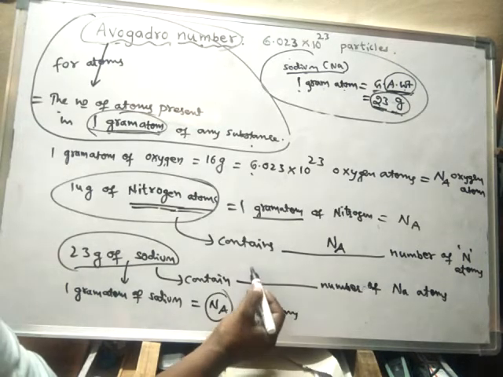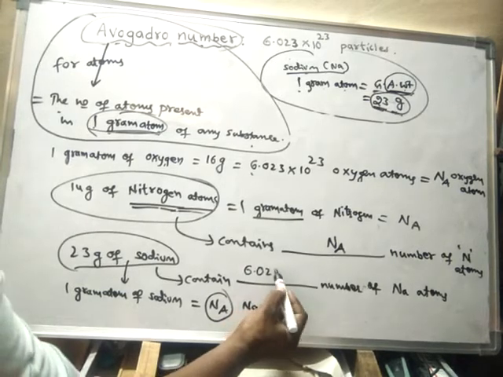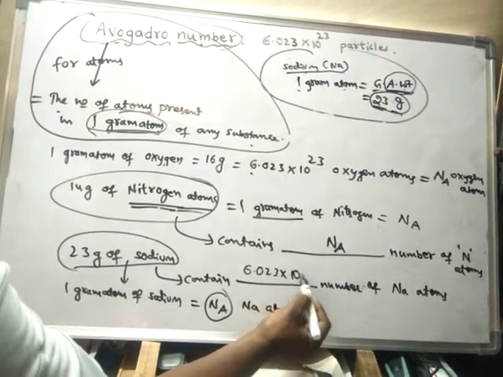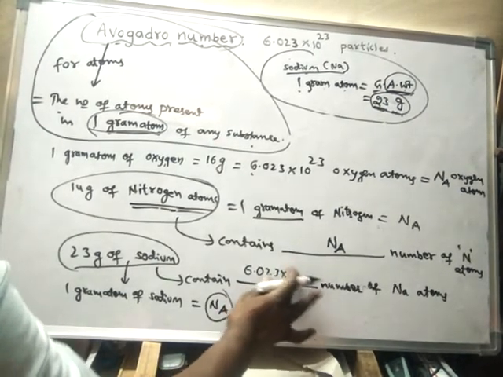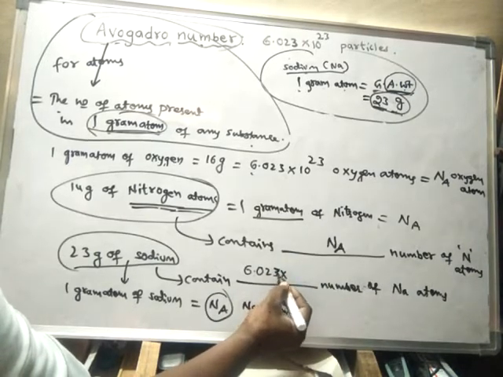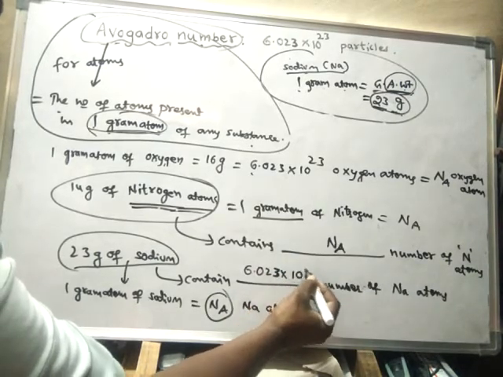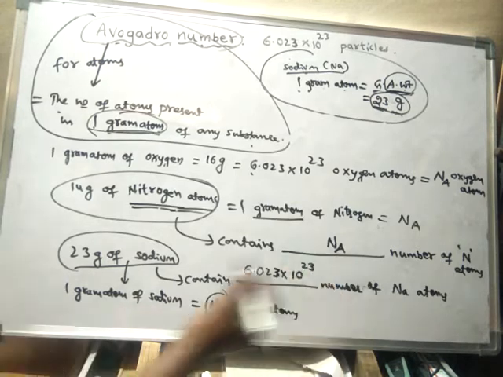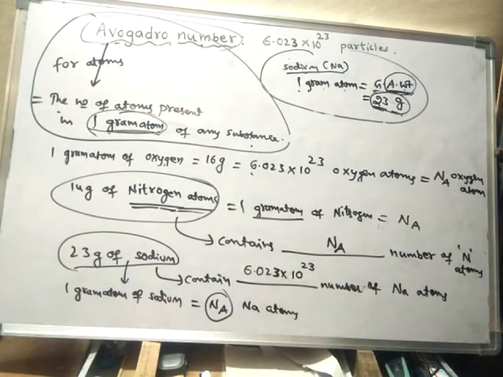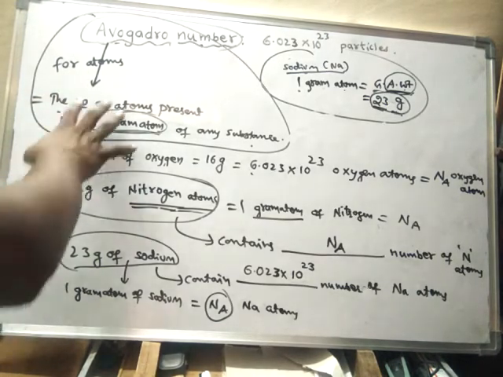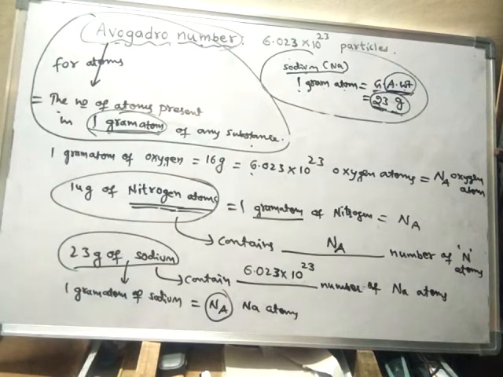I can write it like this also: 6.023 into 10 to the power of 23 number of sodium atoms. So like this, I can use this concept. For atoms, we can do calculations like this.